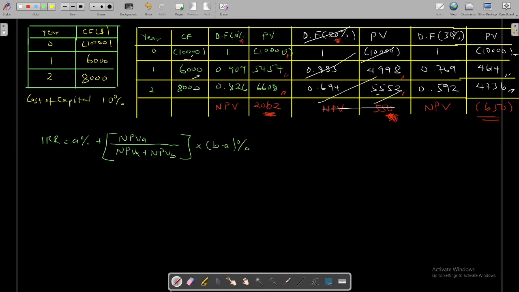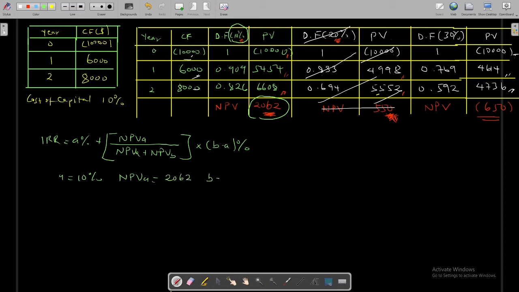The A is the rate that we used, of which we got a positive NPV. So A equals 10%, and the NPV of A is 2062.